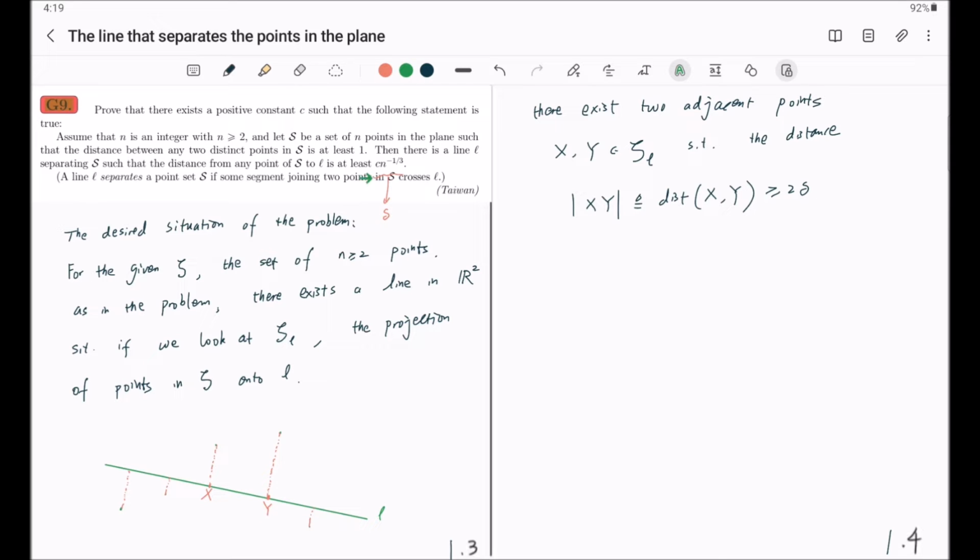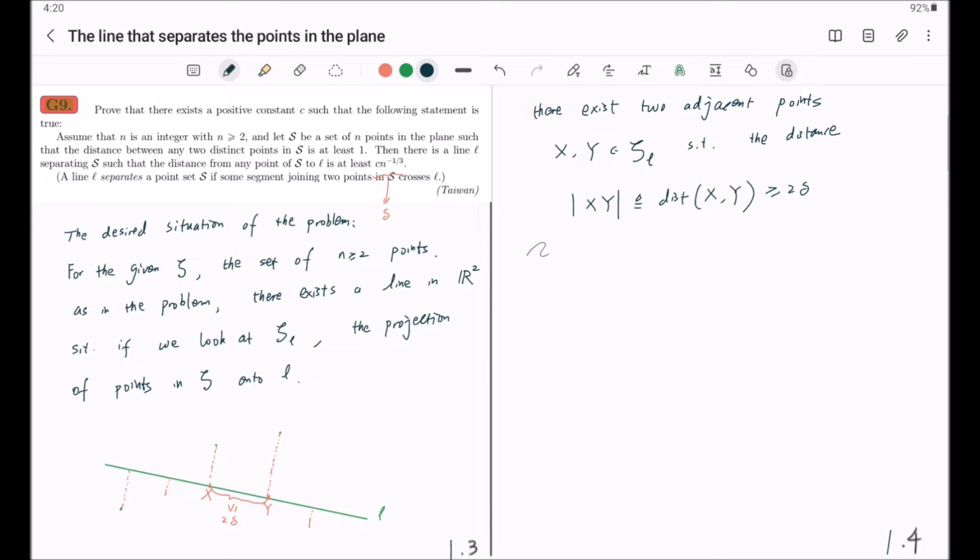Remember, we use delta to denote this quantity C times n raised to the power negative 1/3. So in this picture, if there exist such X and Y with distance at least 2 delta.